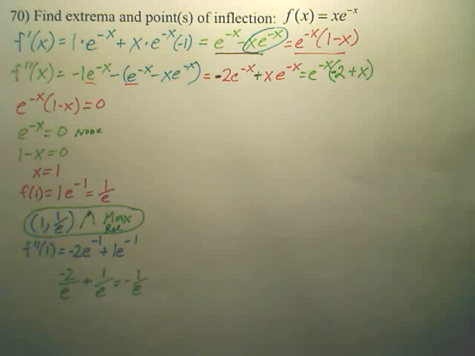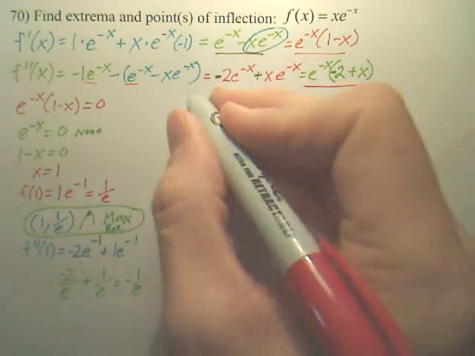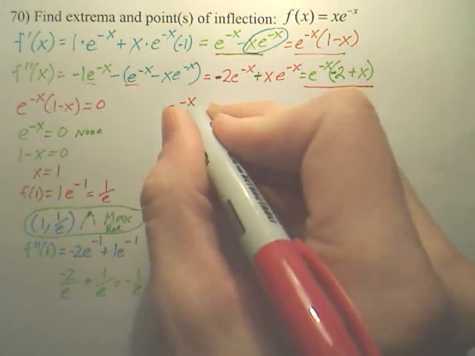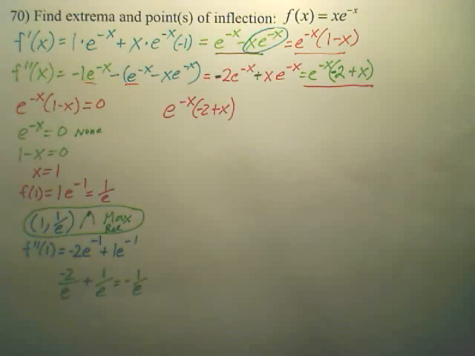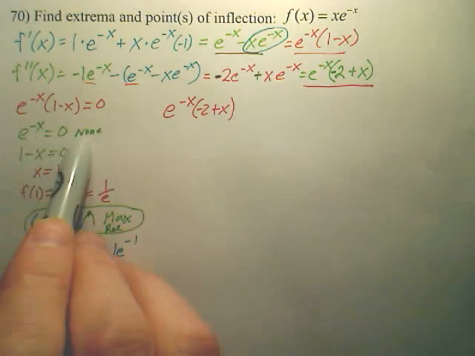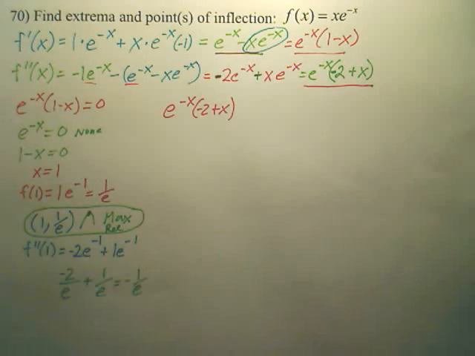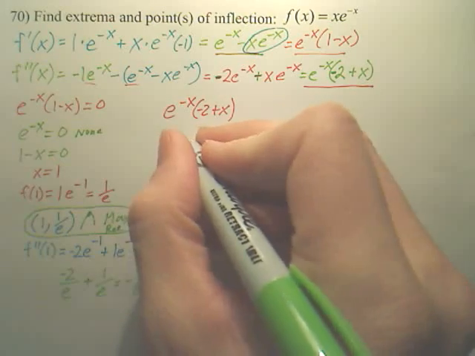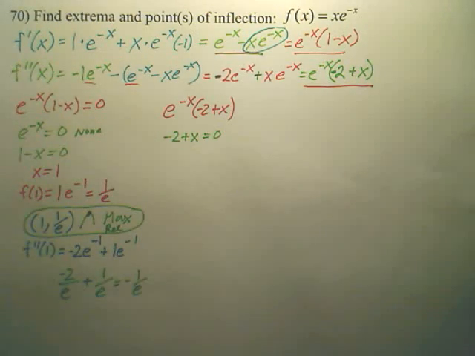Now, from there, that's our relative max. Now we've got to find our points of inflections, so we're going to set this equal to 0. And when we do that, do I have to set the front equal to 0? I already did it here. I told myself it doesn't work. So I can ignore the first piece. When I set the second piece equal to 0, what do you get?